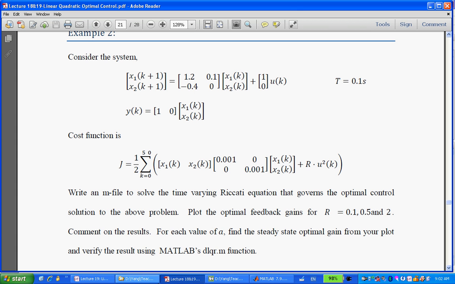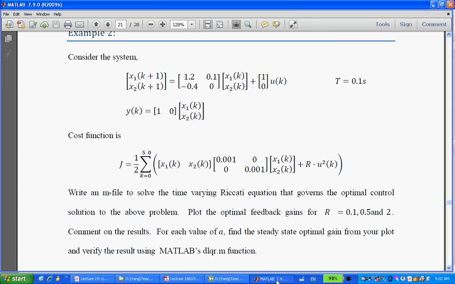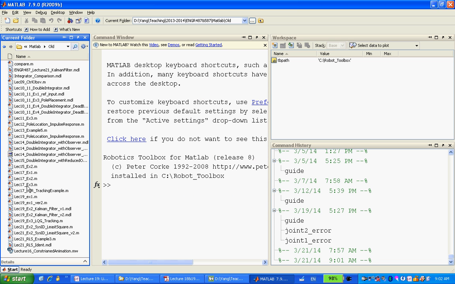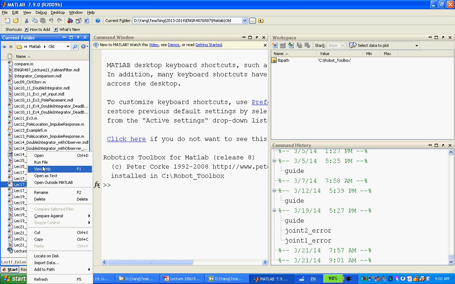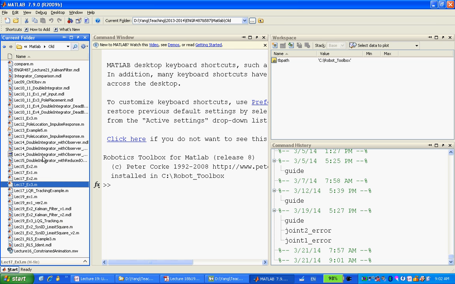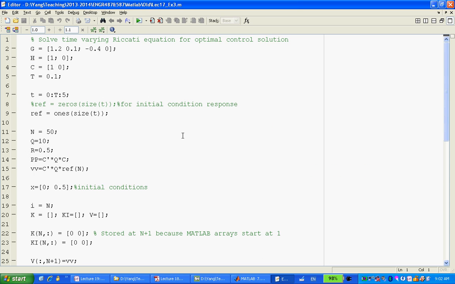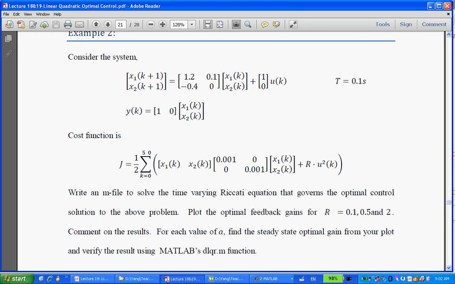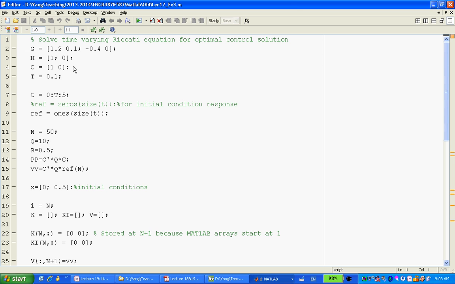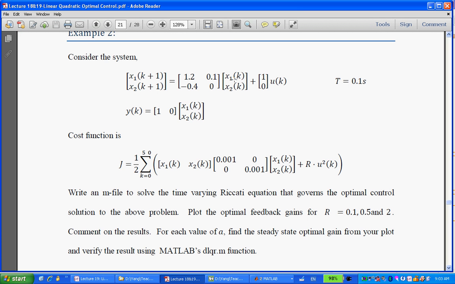There are 2 different programs here. Open this one here. There's a script file for this one. You can see the system matrices G, H, C, and that's what's happening here. The sampling time is 0.1.